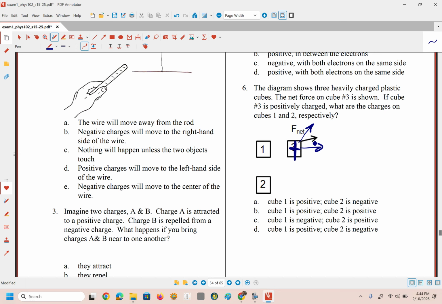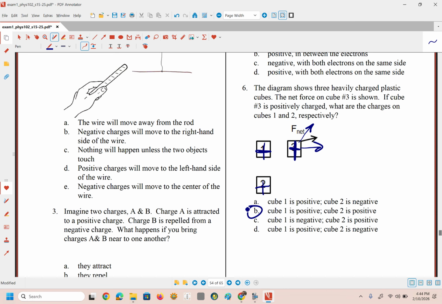Because those 2 vectors make up the resultant force. It's in the middle of them. So if I have a vector here acting on a force here that's acting on this positive charge, that means that this charge has to be positive. And then likewise here, this charge has to be also positive because it's a repulsive force. So I know that cube 1 is positive and cube 2 is positive. So B is the right answer.